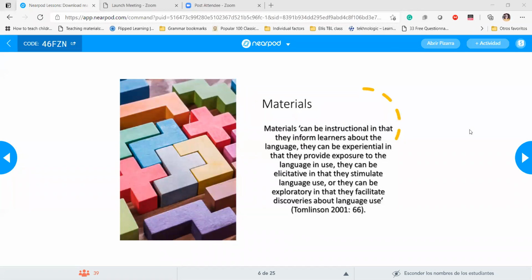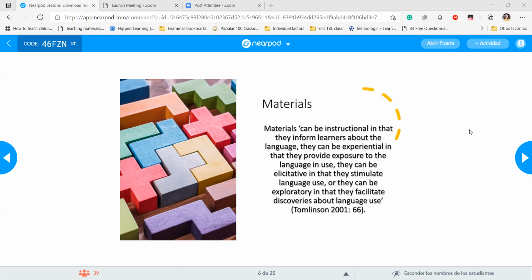Now, who can help me think about one type of material that would be instructional? Let's see who can tell me. You can open your mic. Instructional, sorry.